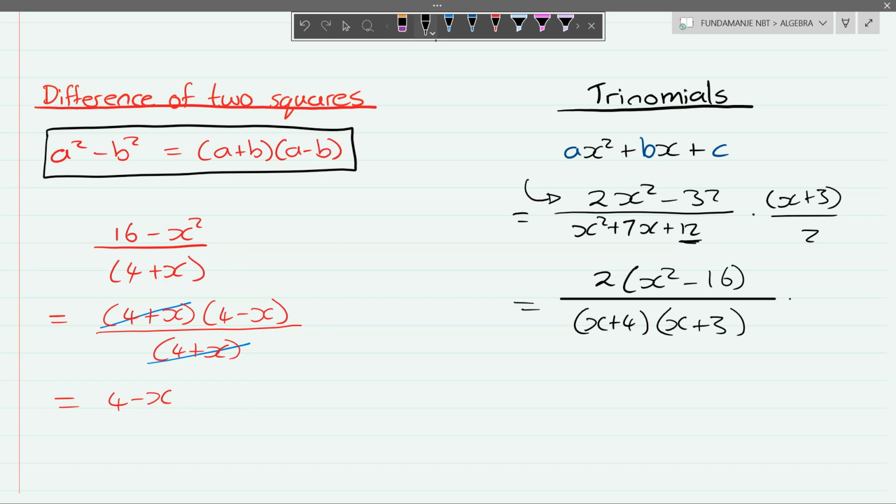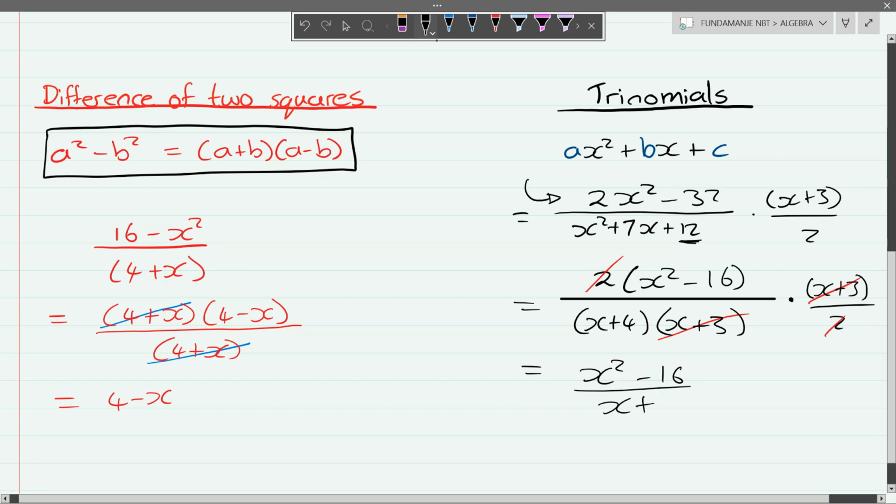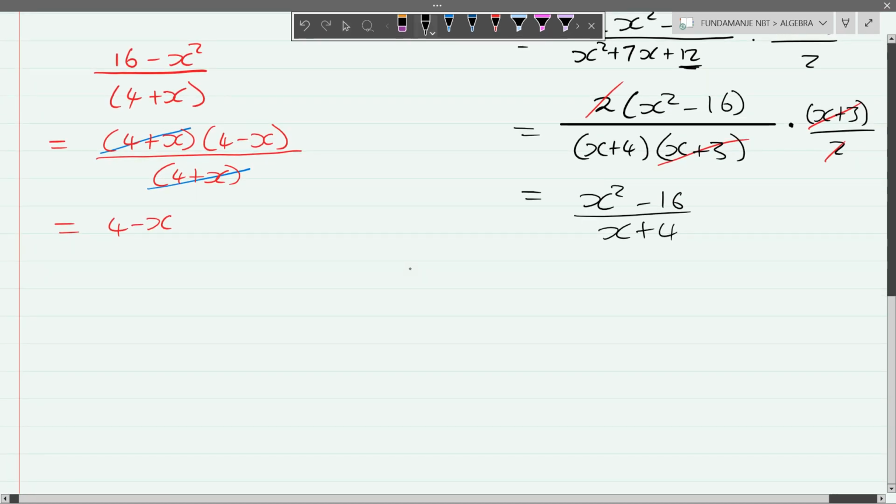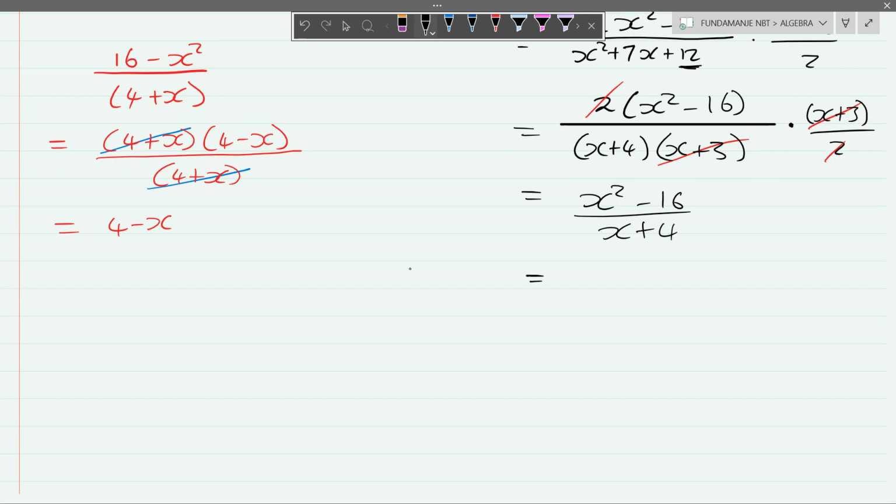But now we can use the algebraic skills that we already have to simplify this. Since everything is multiplying each other here, we can cancel the 2 with the 2. We can cancel the x plus 3 with the x plus 3. Then what we are left with is x squared minus 16 all over x plus 4, of which x squared minus 16 is something that we can simplify by factorization using difference of 2 squares.